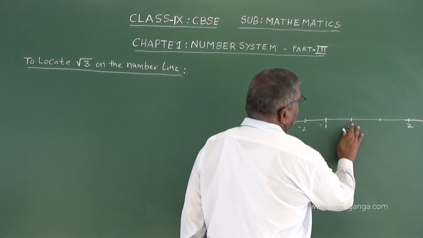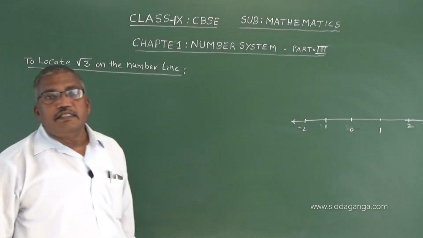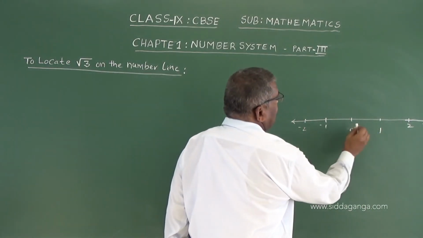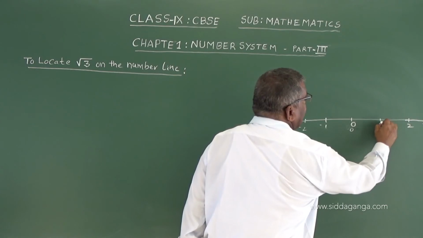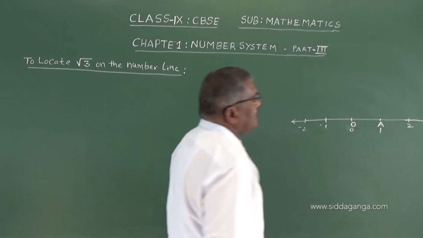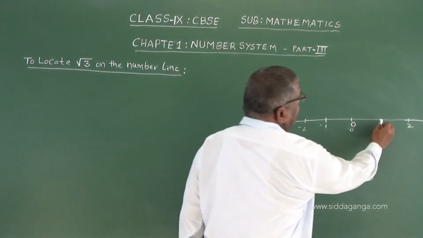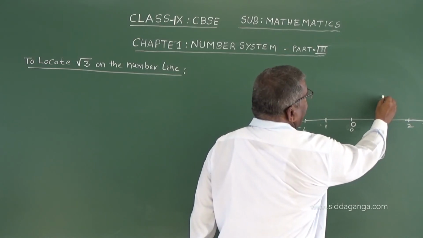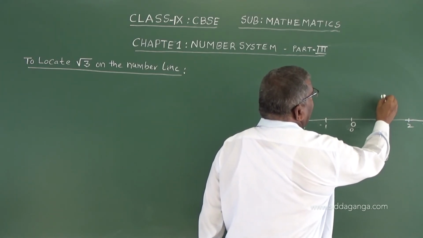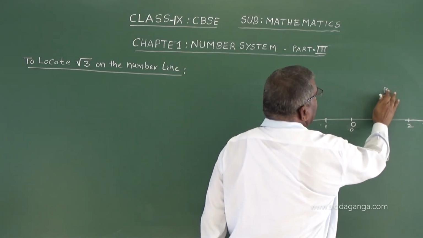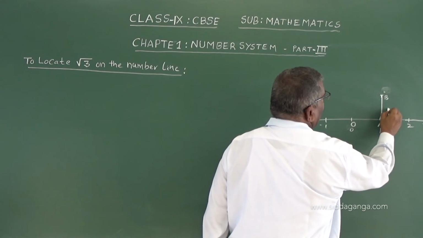Now this is 0, 1. Let us mark 0 as point O, and where the graduation 1 is there, let us mark this as A. So now at A, draw a perpendicular and mark point B such that OB is also equal to 1 unit.